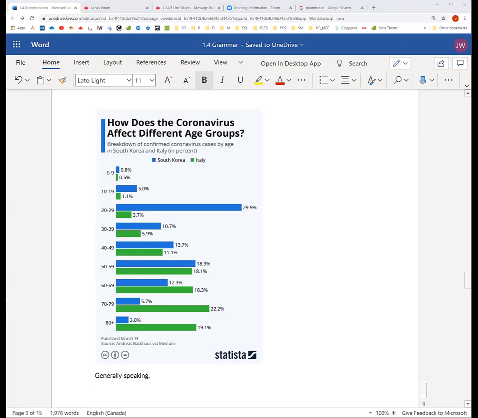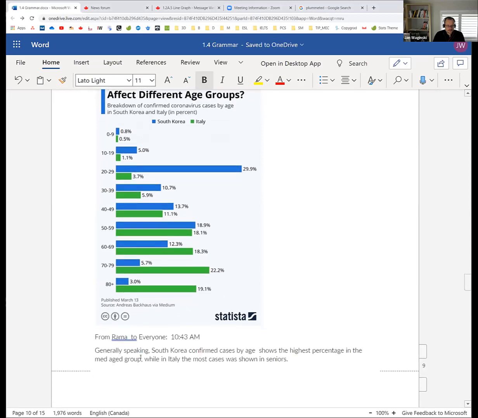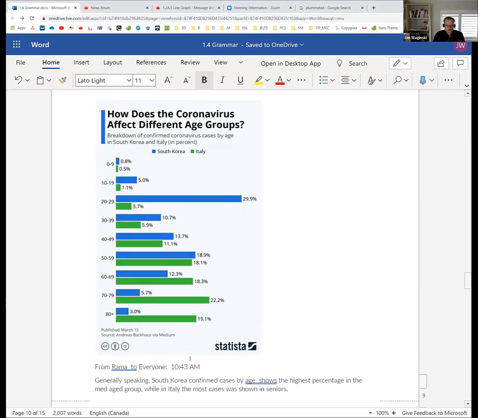Okay, I see Rama's here. South Korea confirmed cases by age shows the highest percentage in the middle age group.